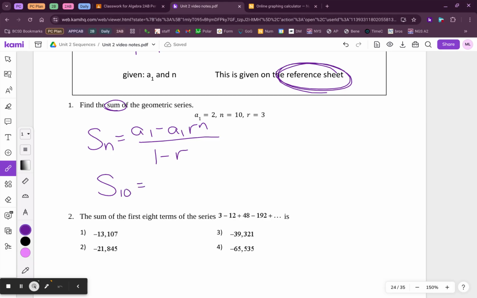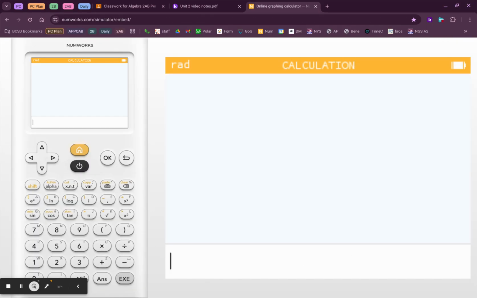So S sub 10, that means we're adding the first 10 terms. First term is 2. Common ratio is 3. We're adding 10 terms. All right, let's put this in our calculator.